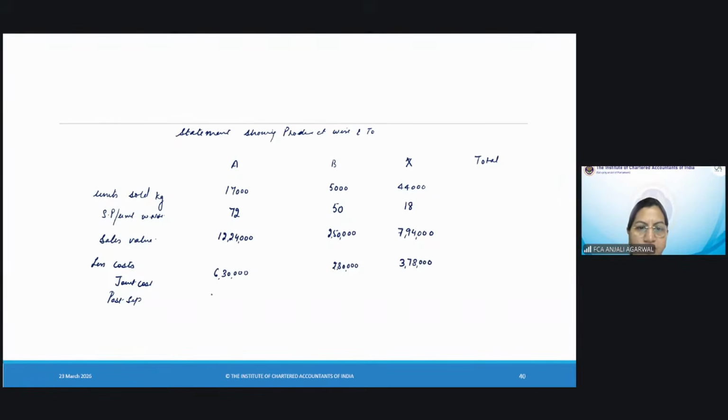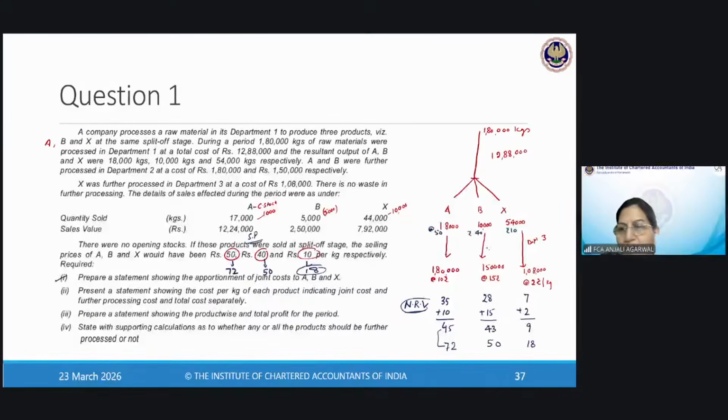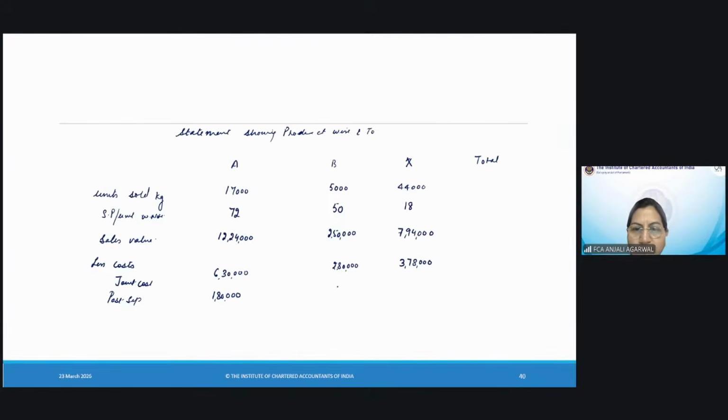Post separation cost was 1,80,000 for product A, 1,50,000 for product B, and 1,08,000 for product C.